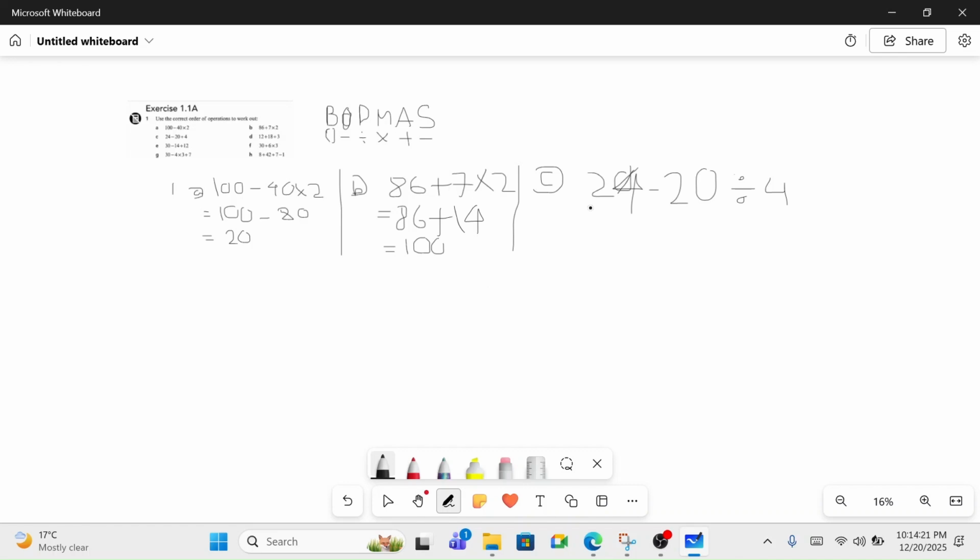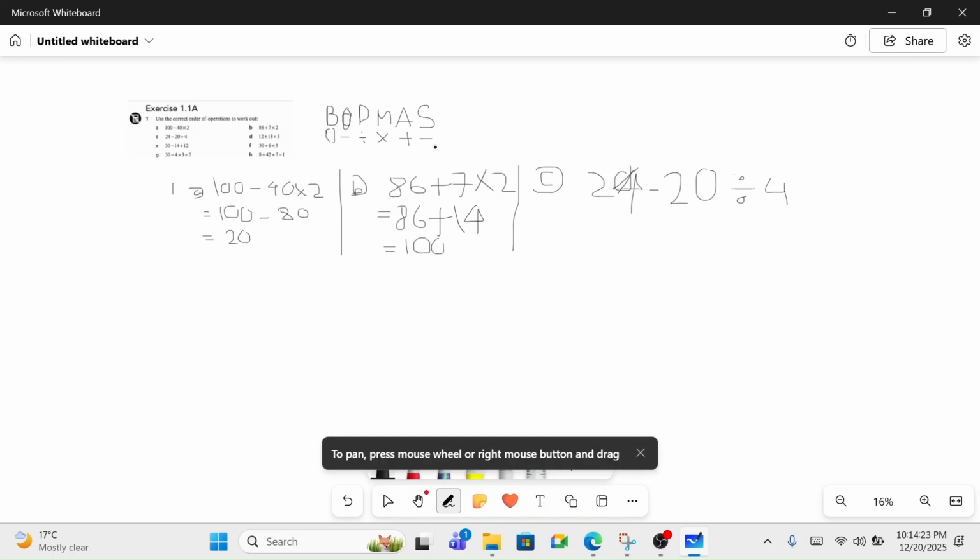So first of all, we'll start with dividing by 4 because division is ahead of subtraction over here. So 20 divided by 4 is 5, so this is going to be 24 minus 5. Now 24 minus 5 is equal to 19. There.